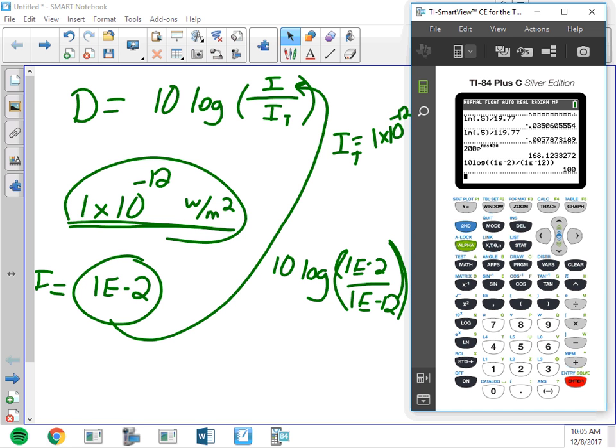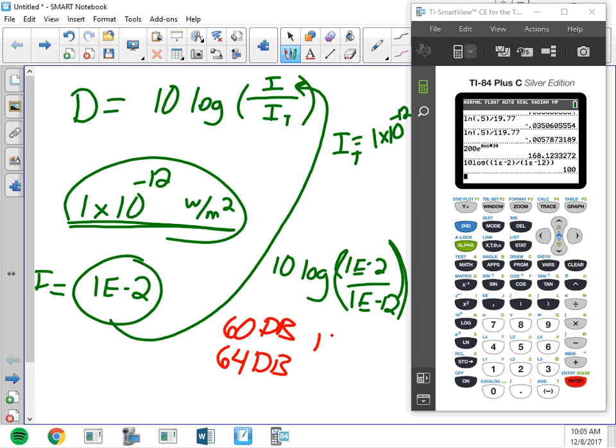So if you are speaking at 60 decibels and it's not loud enough and you want to go up to 64 decibels, how much more energy does that take? 10 to the fourth. It takes 10,000 times more energy.